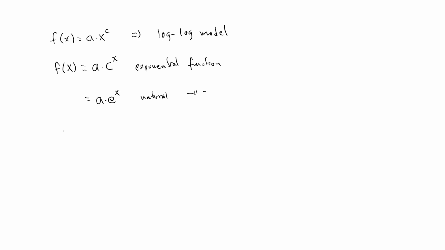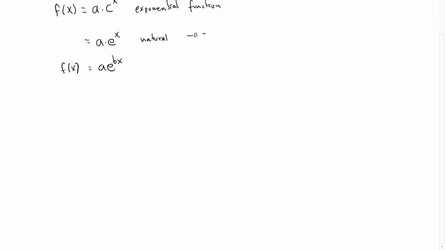If we add one more parameter b to it, that will make it more flexible, and it will be able to capture a lot more possible data sets. So just a quick reminder of what the exponential function looks like.